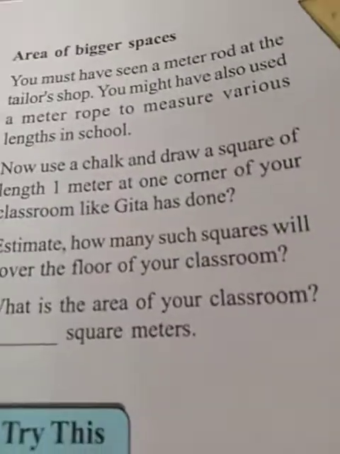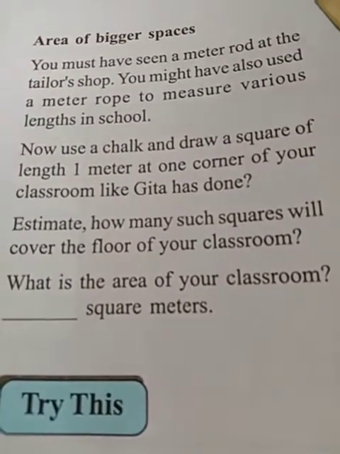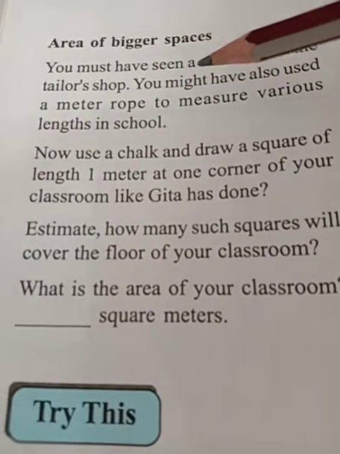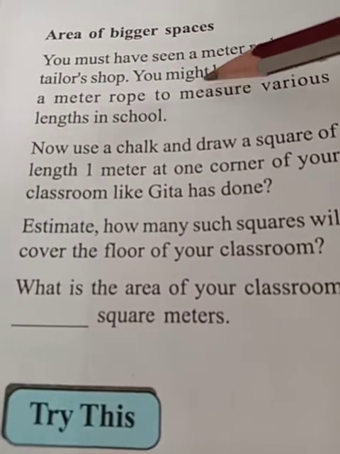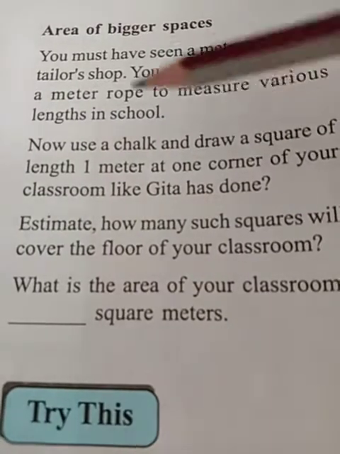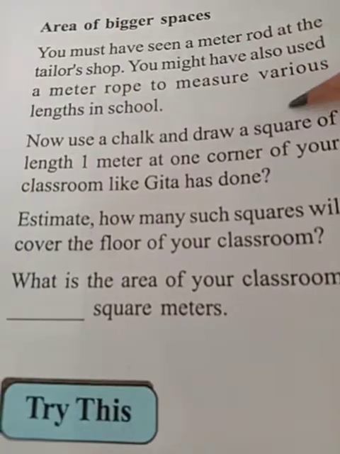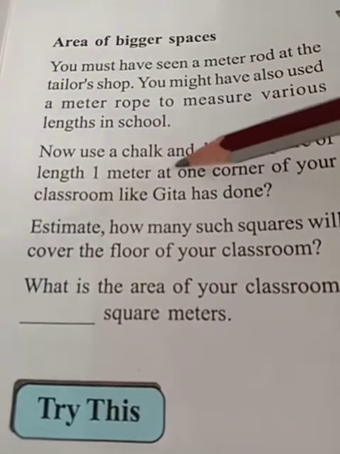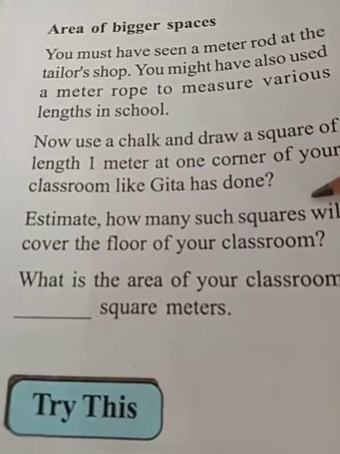Area of bigger spaces. You must have seen a meter rod at the tailor shop. You might have also used a meter rope to measure various lengths in school. Now use chalk and draw a square of length 1 meter at one corner of your classroom like Geeta has done.